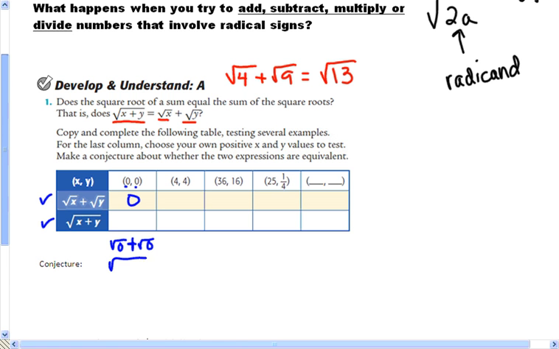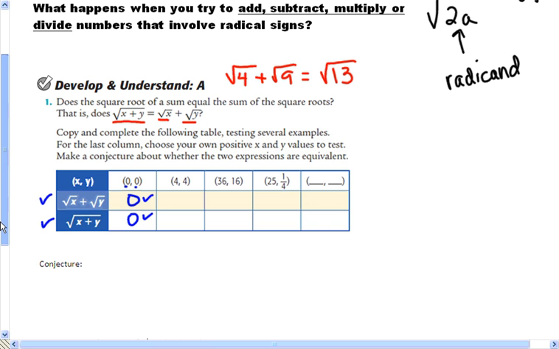And then we're going to add them together first under the radical sign, and that equals the square root of 0, which is 0. So given the values 0 and 0, it seems like we get exactly the same answer either way. They seem to be the same for that one.